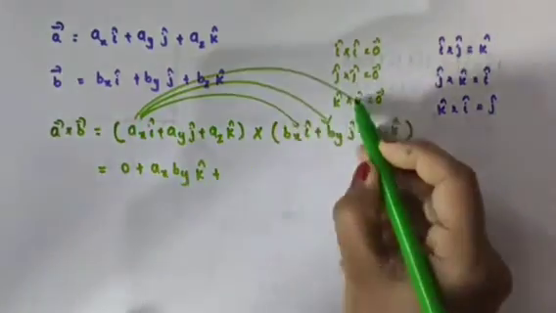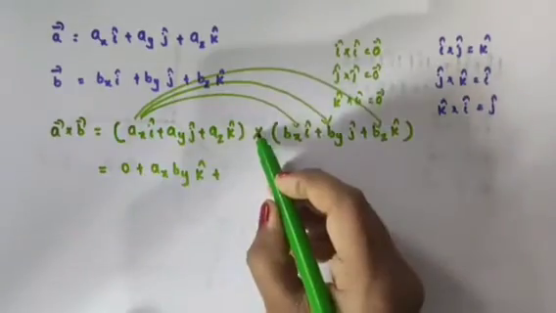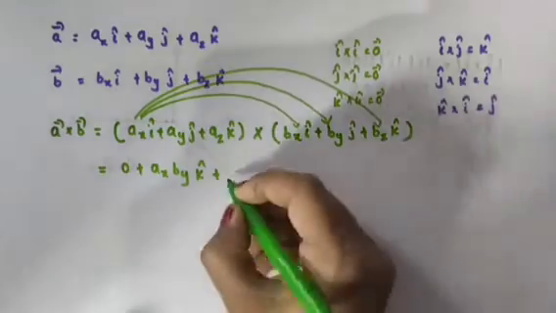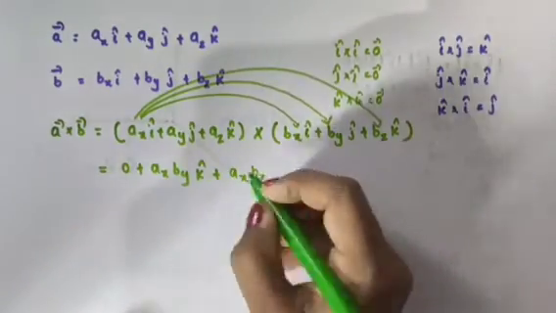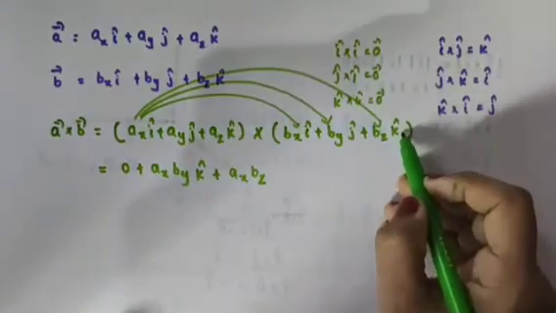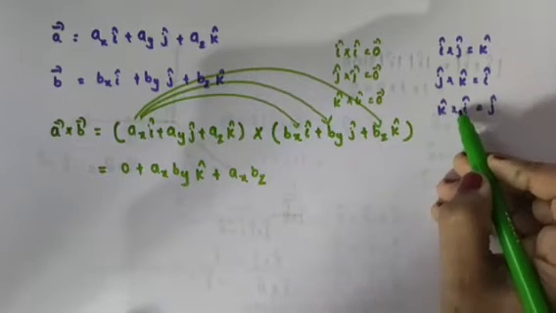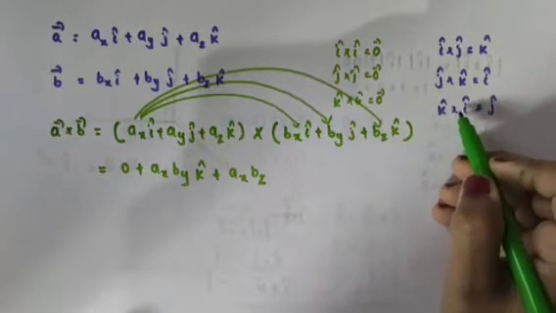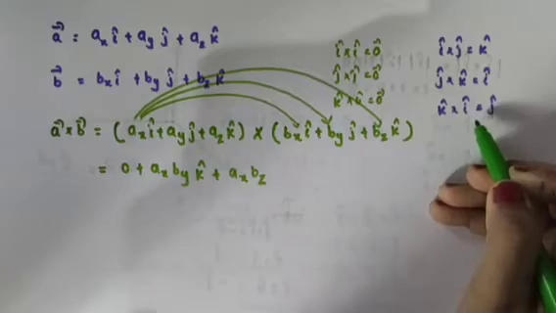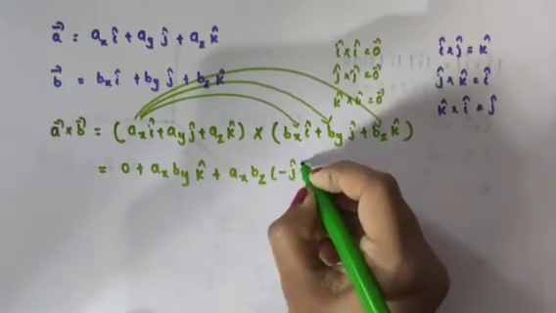Is it understandable? Now I'm doing ax into bz, where we have i cross k. Here we have i cross k, correct? What we know is k cross i, so it is the reverse of it. Since it is i cross k, I should write minus j, correct?